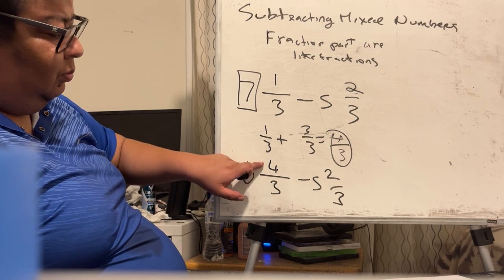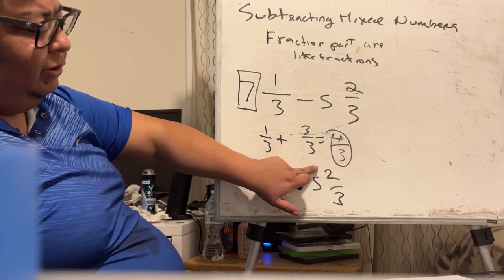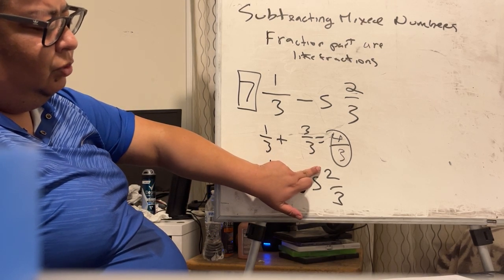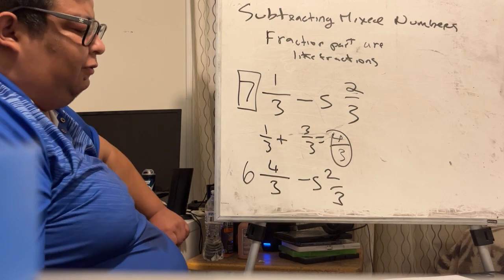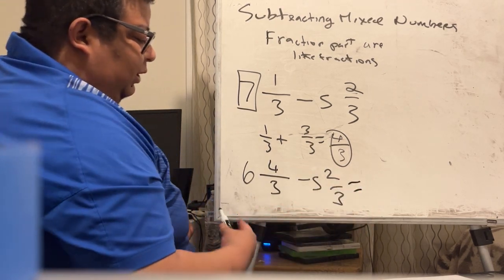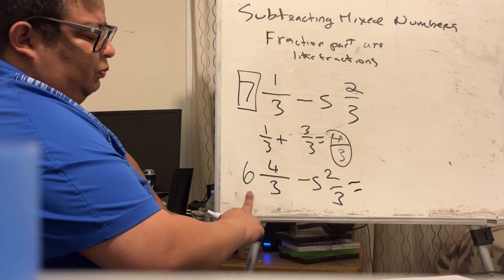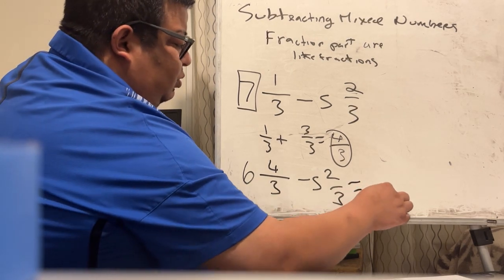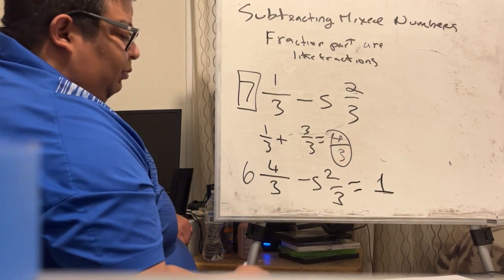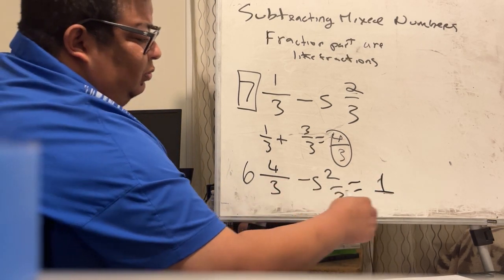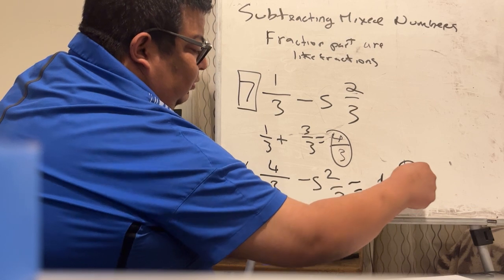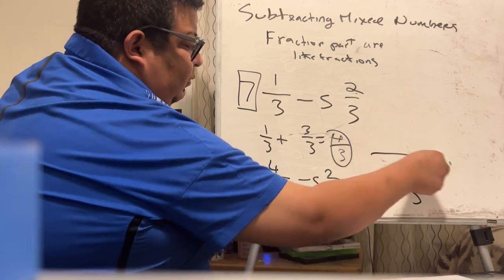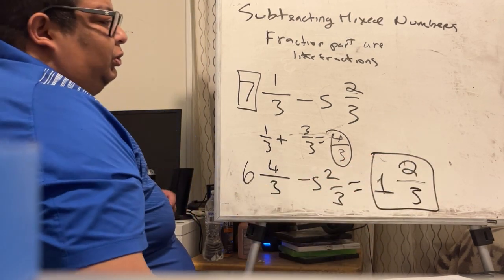Notice now the numerator of the fraction part is larger than the numerator on the right side, so we can do the subtraction. First, subtract the whole numbers: 6 minus 5 is 1. And then 4 minus 2 is 2 over 3. So the answer is 1 and 2/3.